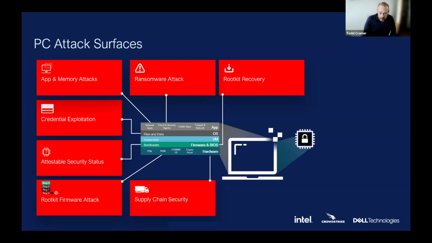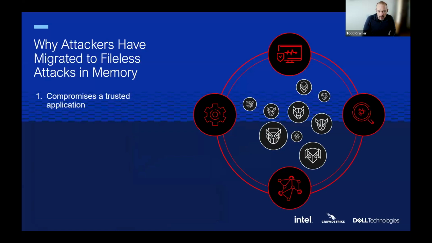And so there is hardware between Intel and Dell and the OS that helps secure that credential login to the best it can with hardware assisted security. I'll talk about app and memory attacks, which are actually the most frequent attacks used, and we'll talk about that on the next slide. Ransomware detection as well.